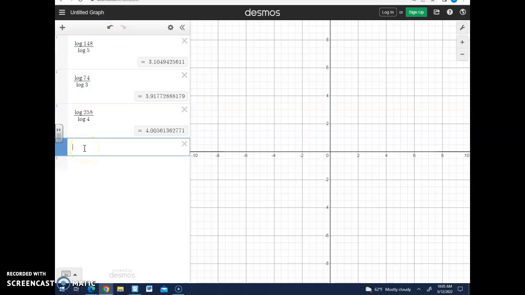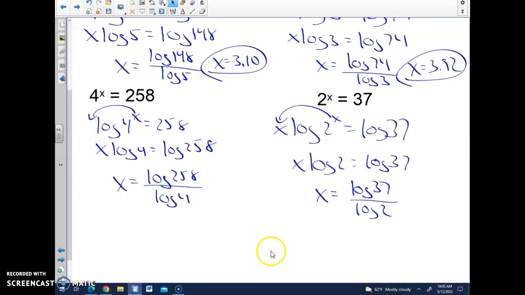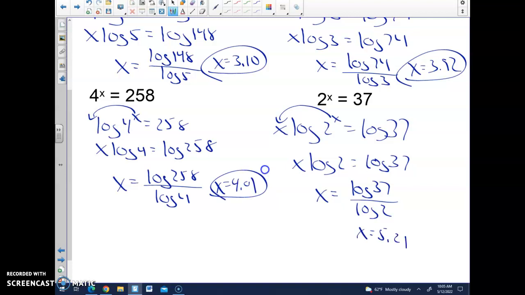This next answer should be 5 point something, because of log of 37, log 2. Think about it: 2 to the 5th is 32, 2 to the 6th is 64. My answer should be somewhere between 5 and 6, and it is 5.21. So I'm going to put those two answers down: x equals 4.01, and x equals 5.21.